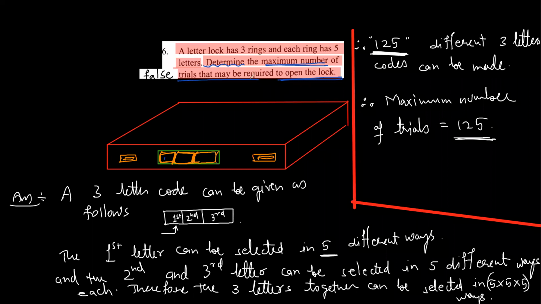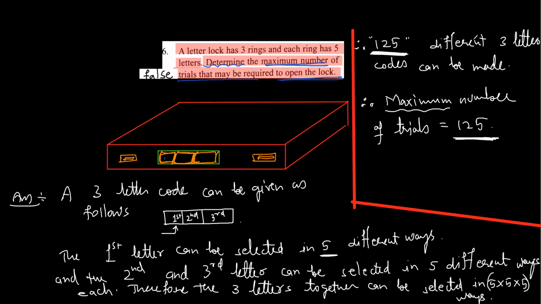When they say false trials, what change do we have to bring in? In the earlier case, we found the maximum number of trials. You had to go for 125 trials, equal to all different codes. There were total 125 codes, and you had to try all 125 codes.